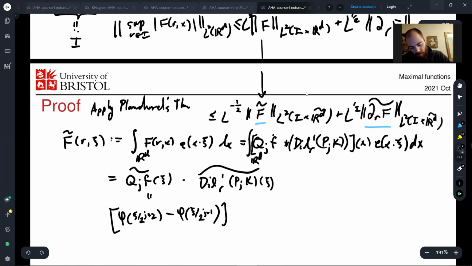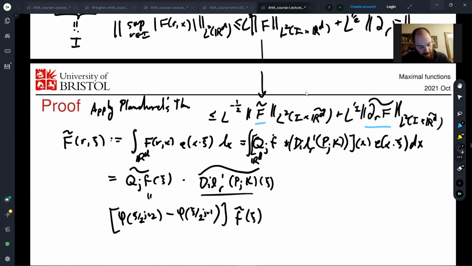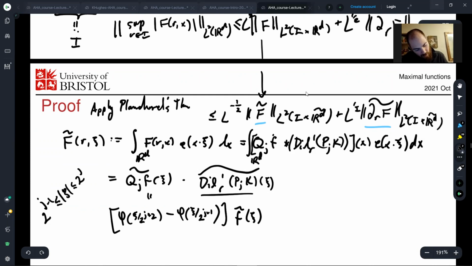And so we actually only care about the value of this when xi is in that annulus, right? The annulus being 2^{j-1} less than or equal to xi, less than or equal to 2^{j+3}. There should be a 3 here.